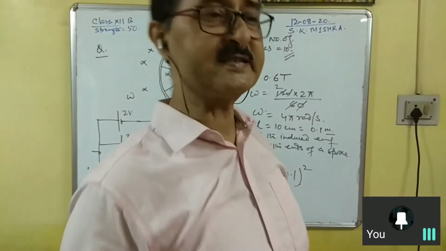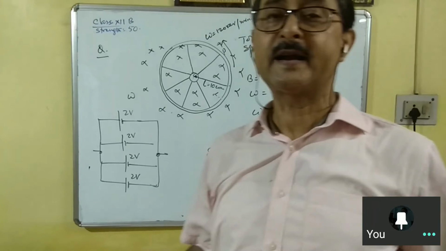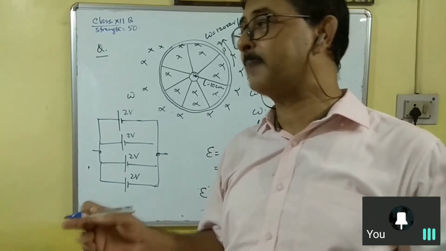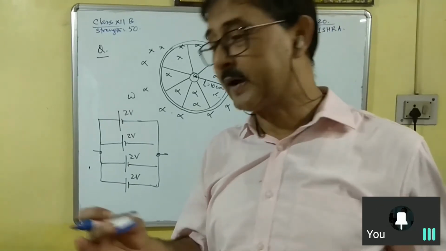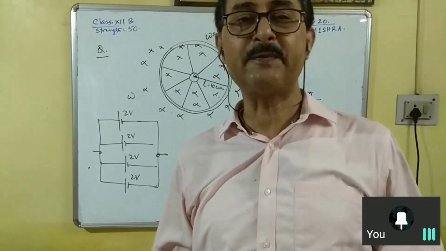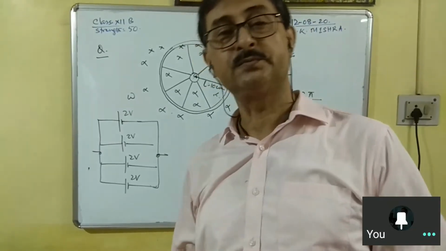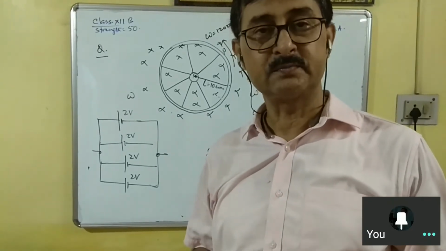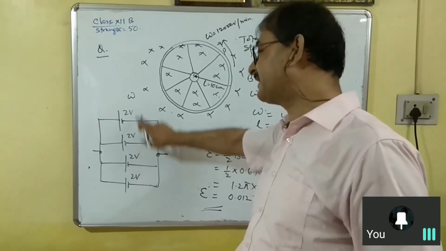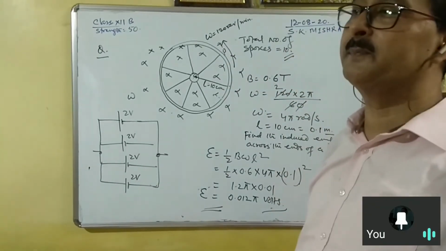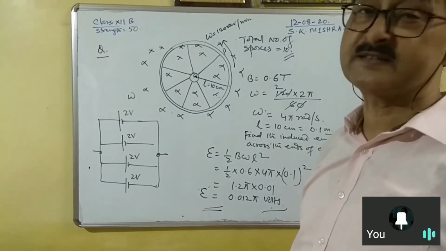If you have two dry cells, 1.5 volt, 1.5 volt, connect them in parallel, you will have the net EMF 1.5 volt only. But if you connect them in series, then net EMF will be 1.5 plus 1.5, E1 plus E2. Then it is 3 volt. And if they have different EMF, in that case, the net EMF will be given by (E1 R2 plus E2 R1) divided by (R1 plus R2).